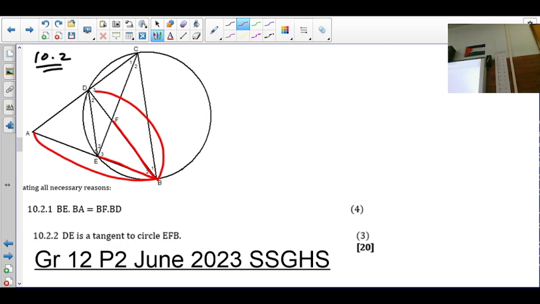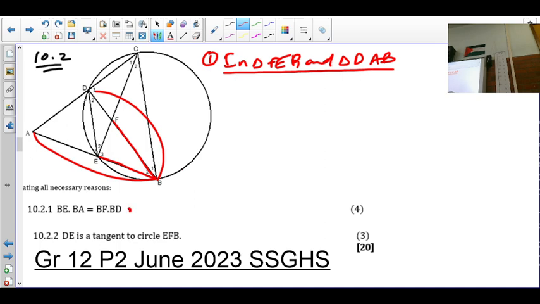It is in triangle FEB and triangle DAB. I know B is in the right place, so that's going to be a common angle. So we're going to prove similarity.